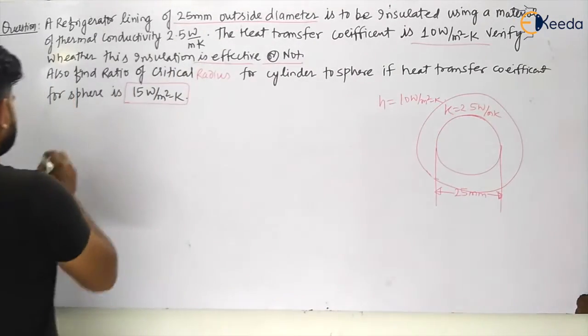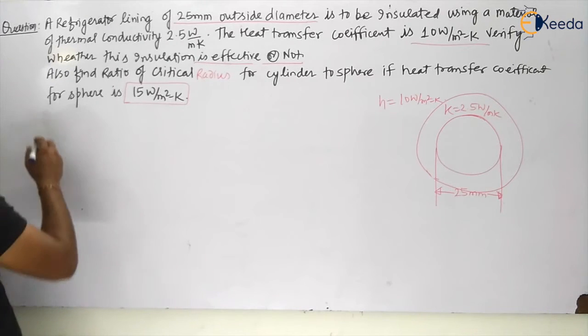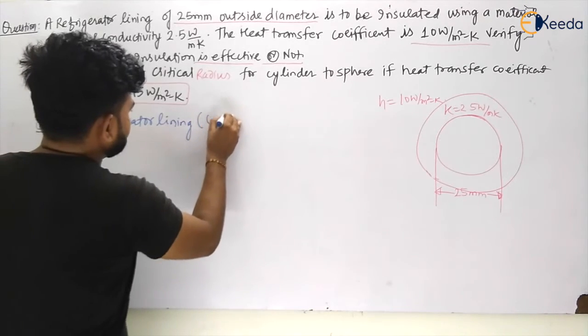In the first case, let us see what will be the critical radius of insulation. This can be considered like a cylinder.